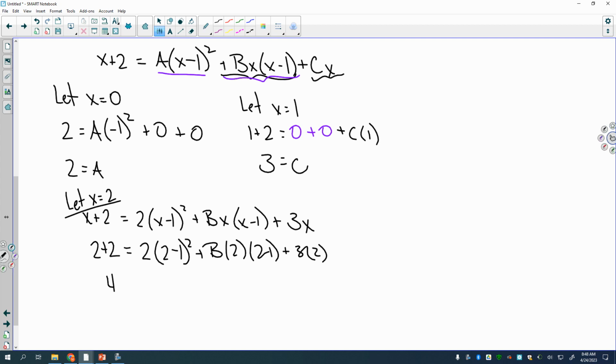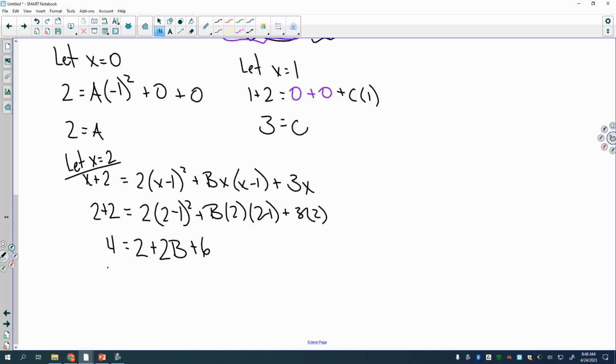And when I do this, then I just start to simplify down a little bit. That becomes 2 plus 2B plus 6. And then it really is just a matter of doing some really straightforward algebra here and getting B is equal to negative 2.